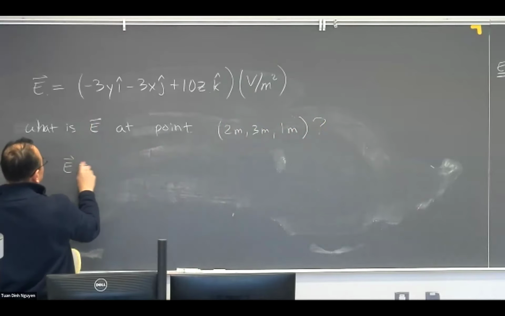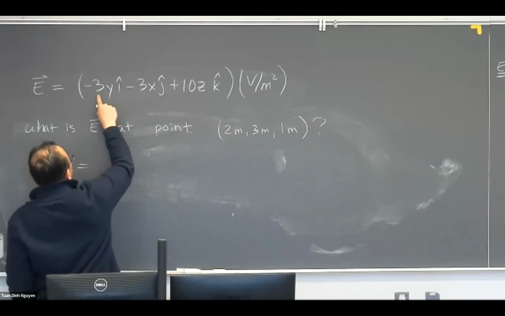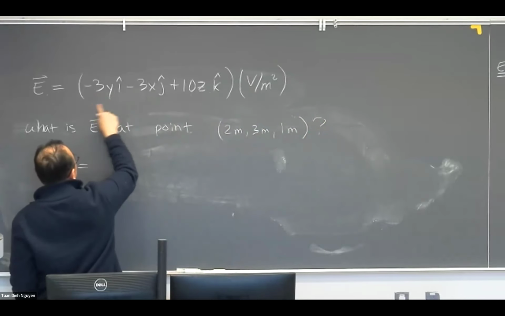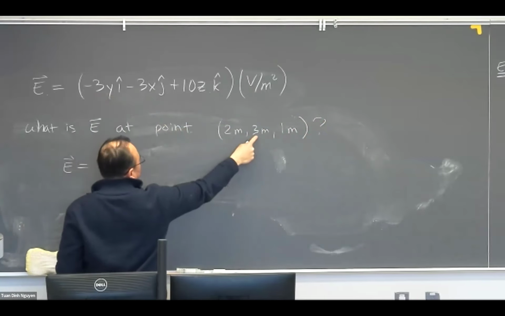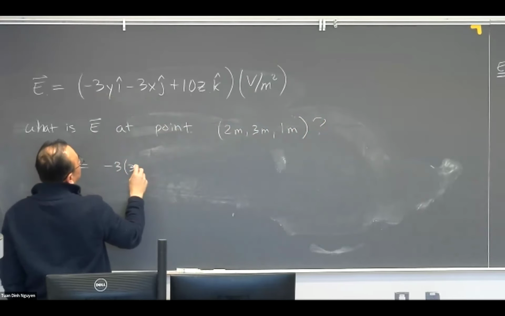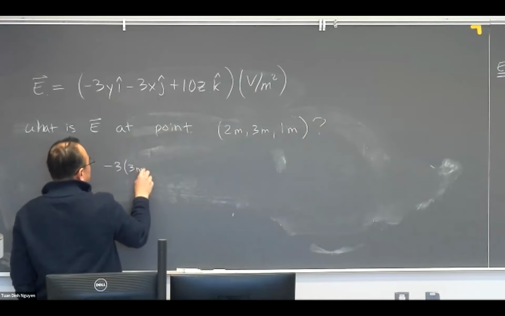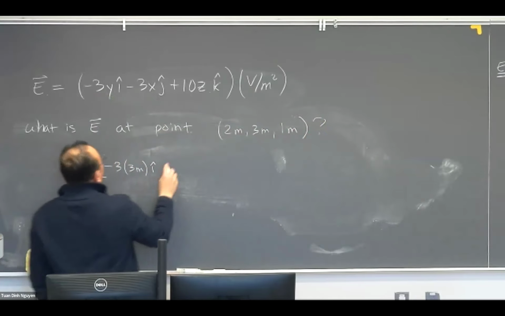So E would be equal, this is x, so there's no x component here, the only value is y. You look at here, it's 3. So it's minus 3 times 3 meters i hat.